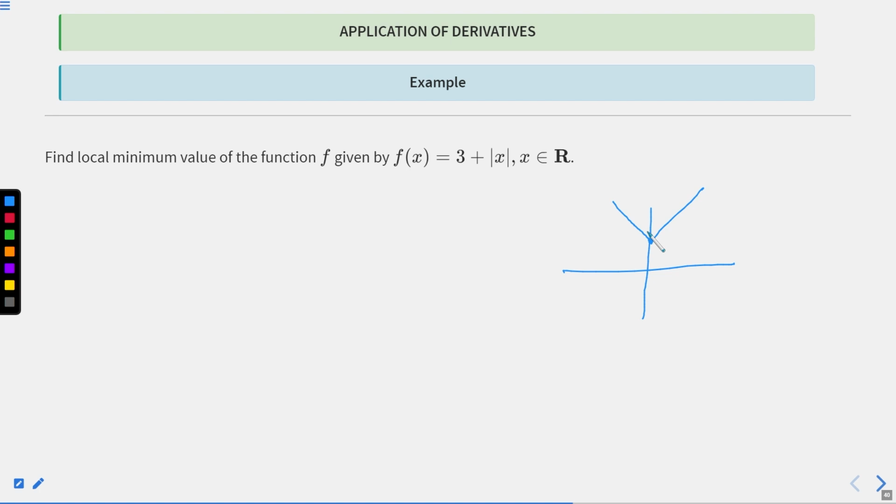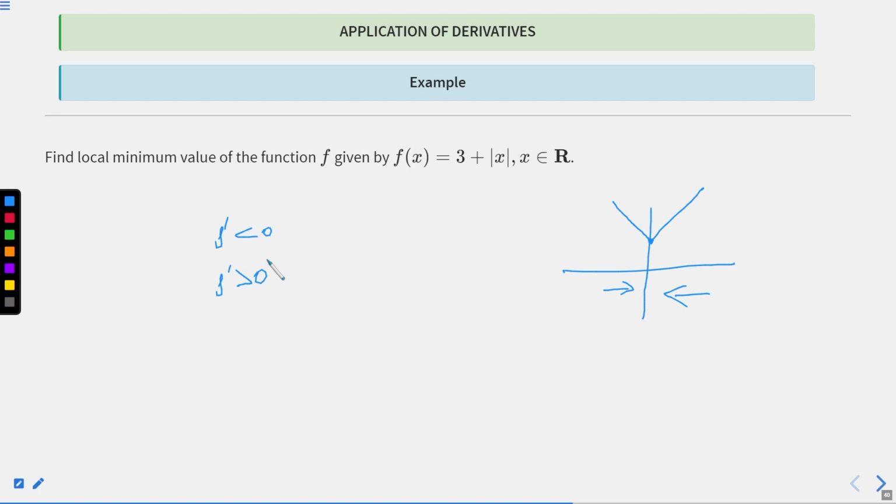Clear? So the second derivative test will fail here. So we will be using the first order test. What will happen in the first order? We must know whether, if you approach from the right hand side and from the left hand side, f prime will be negative or positive. As you know, if you move from left to right in this direction, your f prime will be negative, and if you move from right to left, it will be positive, as you can see.